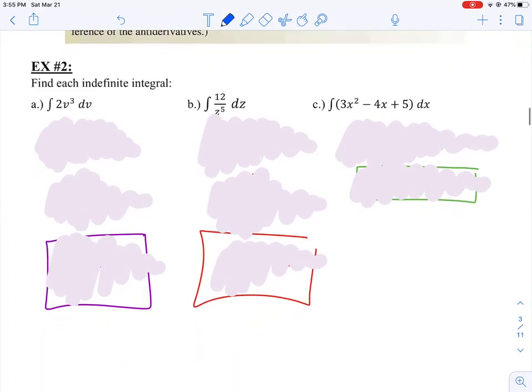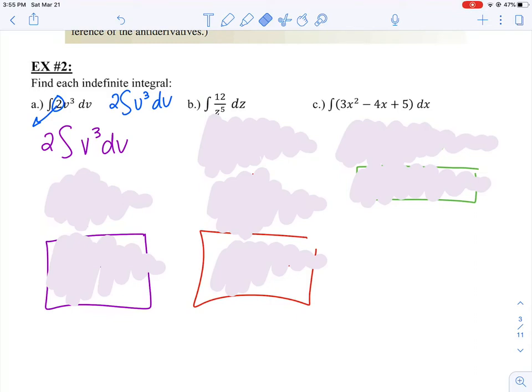Okay, let's practice some of those new rules. So example number 2, find each indefinite integral. So if 2v cubed is my derivative, what would be my antiderivative? Let's integrate it. Well, if you notice, I have a 2 here, and that's just a number. So can I leave that number chilling out in front? And so if I leave that 2 chilling out in front, then I can just find the antiderivative of v cubed with respect to v.